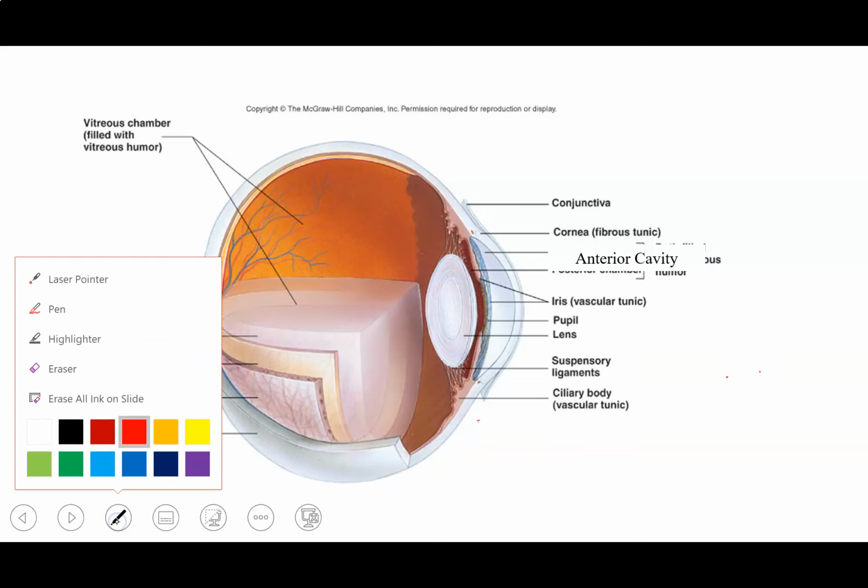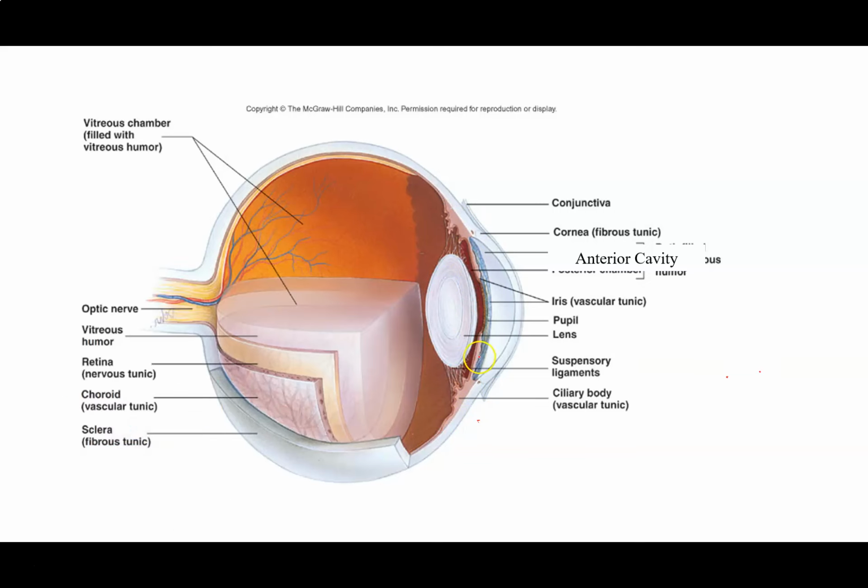We can see it's shaped like a donut or a ring, but in sagittal section, we just see the upper and lower portions of it, and that is the iris. The iris is made of smooth muscle, and at the center of the iris is an opening called the pupil, and so we can kind of see the pupil right there.